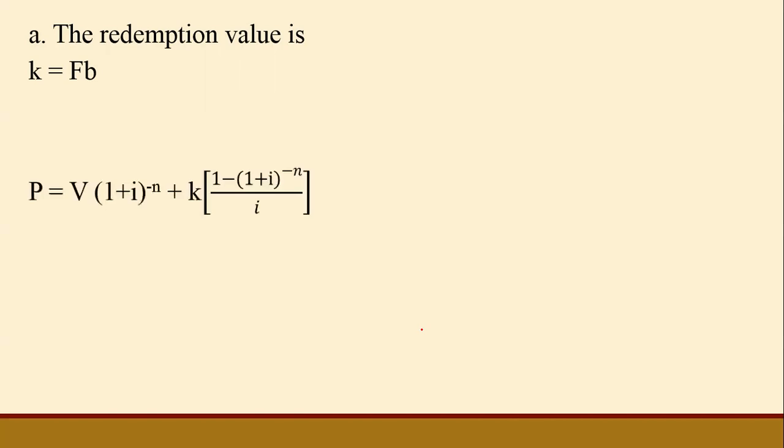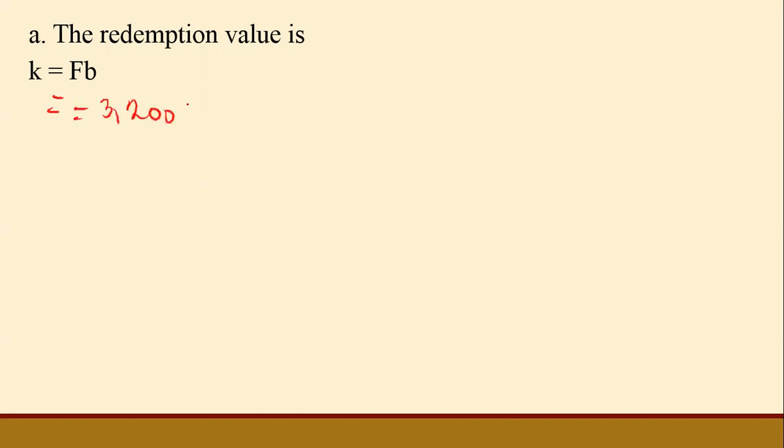Okay, so the redemption value is this one. The coupon payment is equal to the face value times the periodic bond interest rate. Okay, let's compute. We just substitute the values. So this is 3,200 times 0.0225.